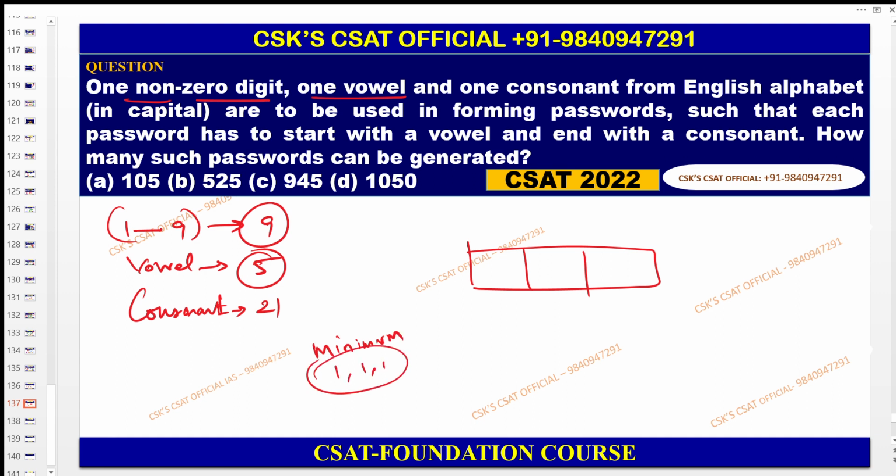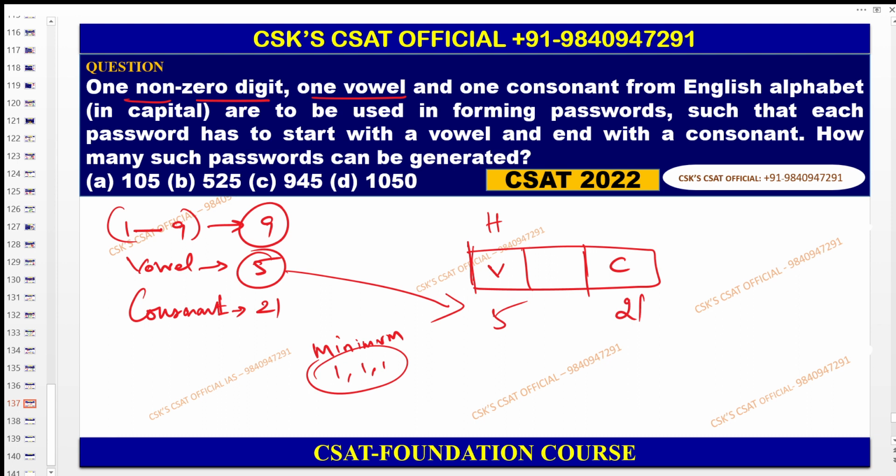Okay. Such that the password has to start with a vowel. Start with the vowel means in order to fill that first place, 5 possibilities are there. End with the consonant, so this is vowel, this is consonant, 21 such there.